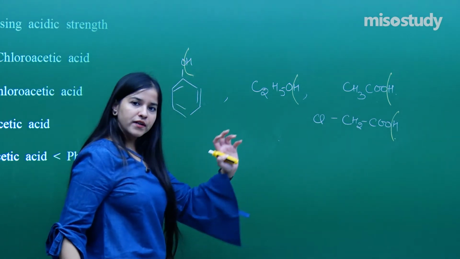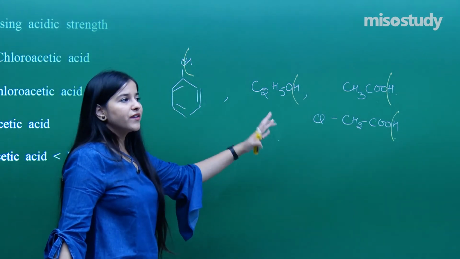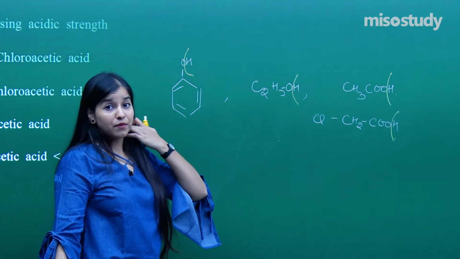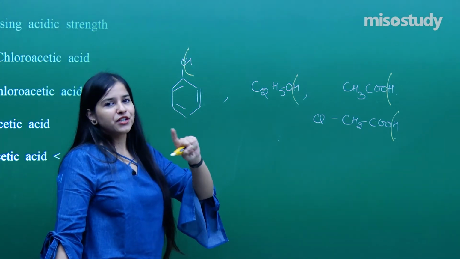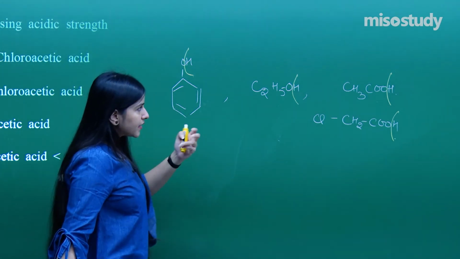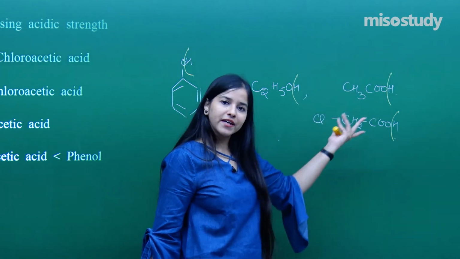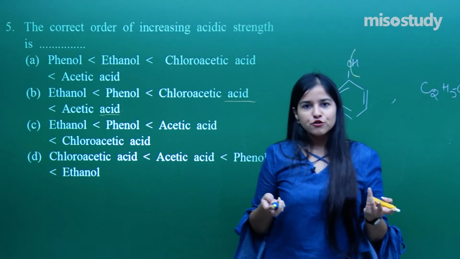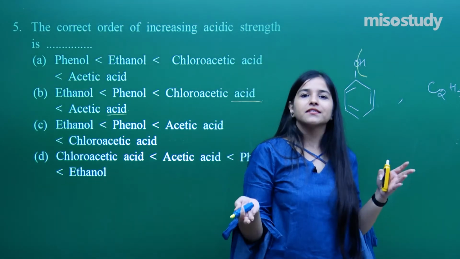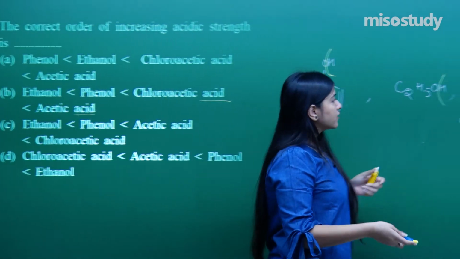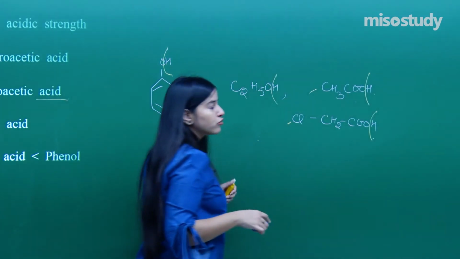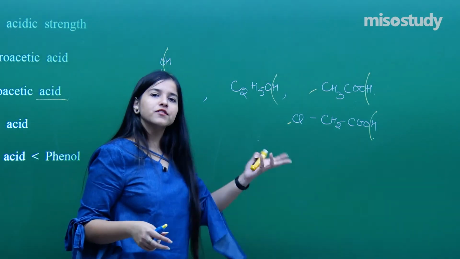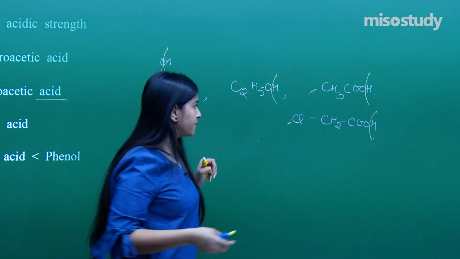Okay, so first, not even removing the H positive and seeing the stability, the first thing which comes up in my mind is, these are already acids, yes, we write acid in their name. So these will definitely be more acidic than the alcohols, right? So these are the two which will be most acidic, but out of the two, which one is more? Let's see.